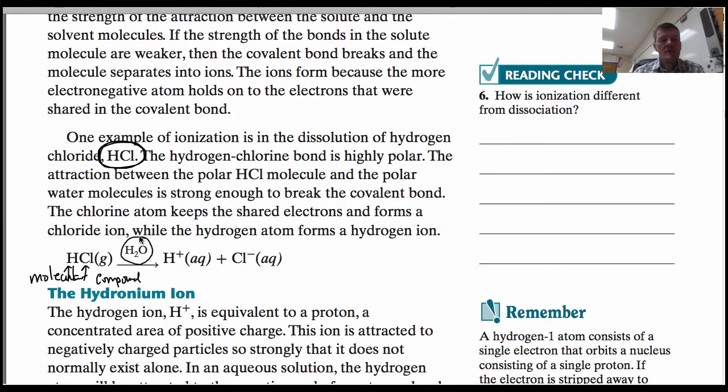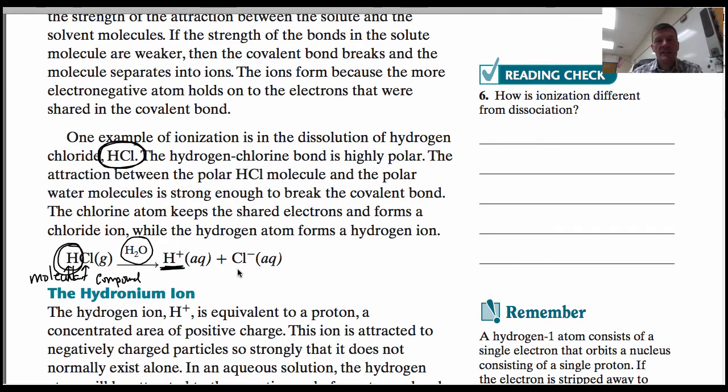When we put it into water, it actually breaks apart. Hydrogen often acts as a metal. Even though it's not a metal, remember it's in group 1 along with all those metals, and it often acts as a metal. It has one valence electron. If it can get rid of that one valence electron, it becomes a charged particle, a cation.